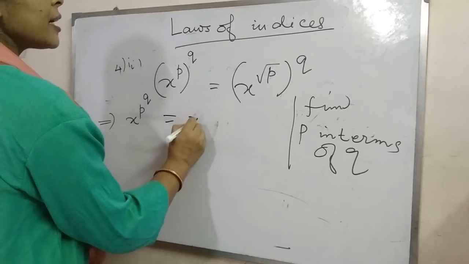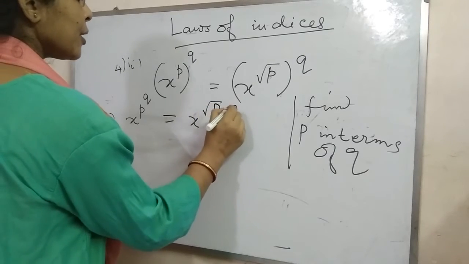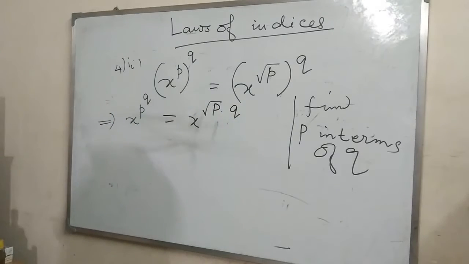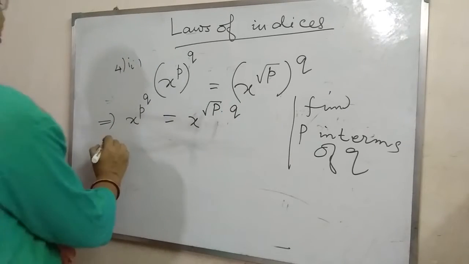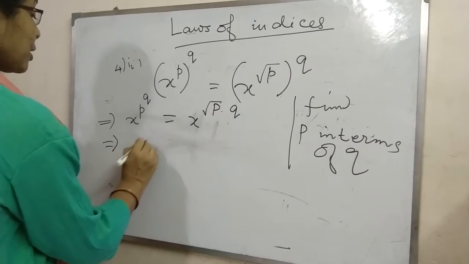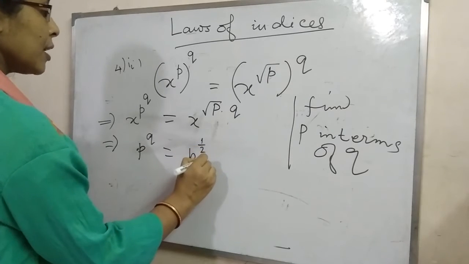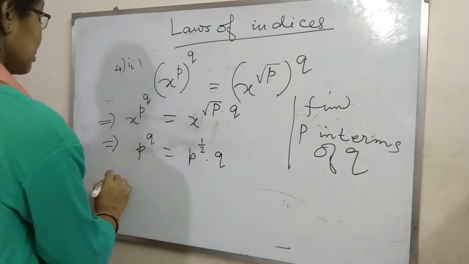This is equal to x to the power root p into q. So p to the power q equals p to the power half into q.